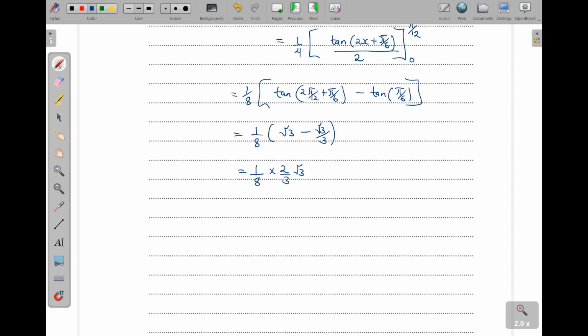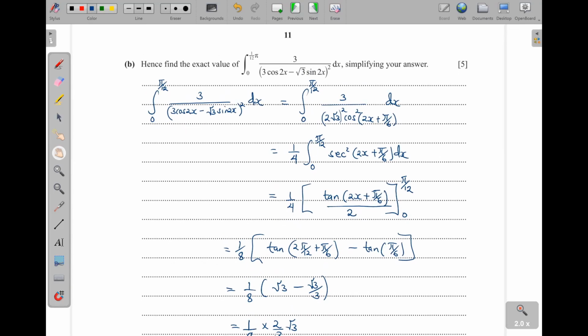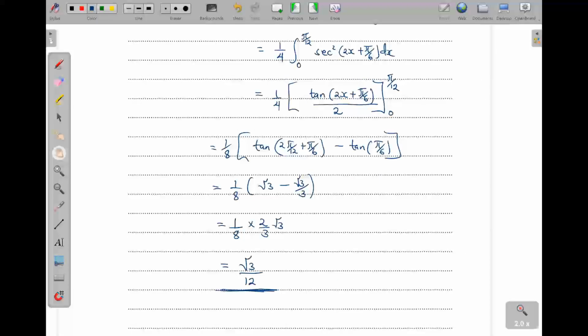So this 2 here can reduce the 8 to a 4, and then we shall have root 3 over 12, because the 4 that is here, after this one has reduced, then times the 3. So our answer becomes that, and that is the exact one they needed. You're not supposed to put there your decimals, okay? They say the exact value, and that is that.